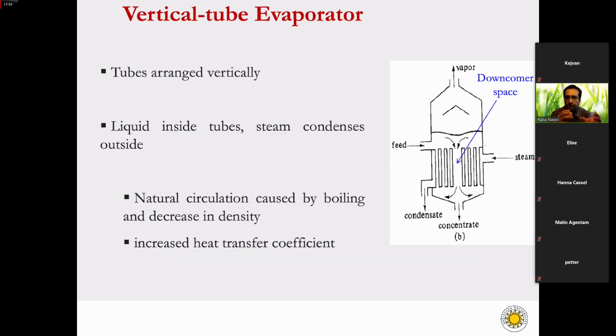And due to this high fluid mechanics of the feed, you will have higher heat transfer coefficients, right? So the energy efficiency is a little bit higher in these types of vertical tube evaporators.